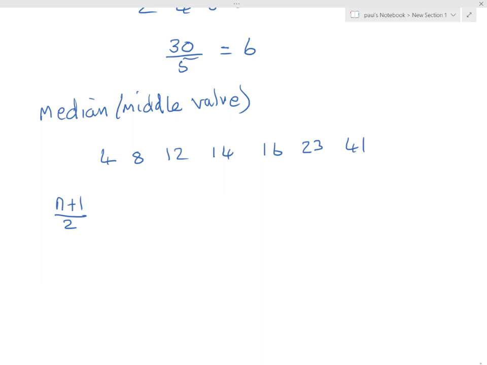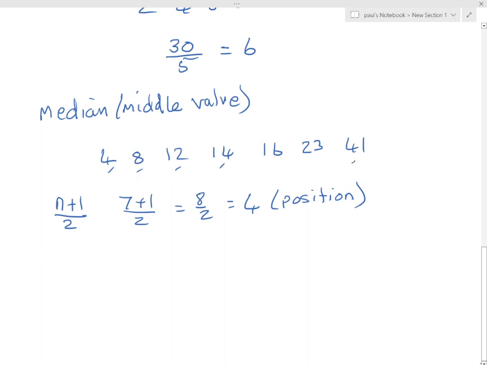This finds the middle position. n is the number of digits that you've got, so 1, 2, 3, 4, 5, 6, 7. So 7 plus 1 divided by 2 is 8 divided by 2, which equals 4. This is not the median number, this is the position of the median number. You go 4 from either end, 1, 2, 3, 4, and you end up with the number 14. So the median is 14.